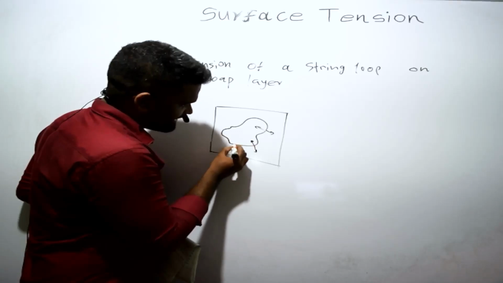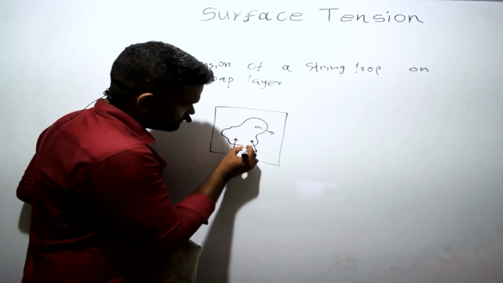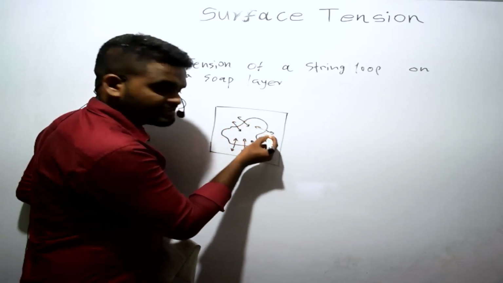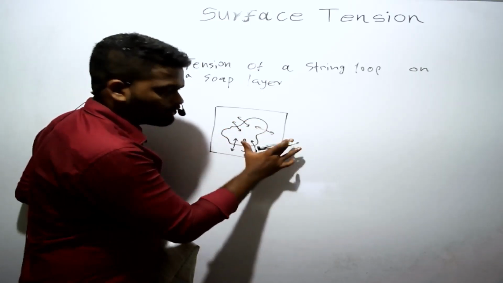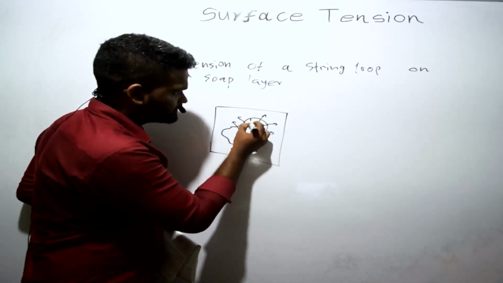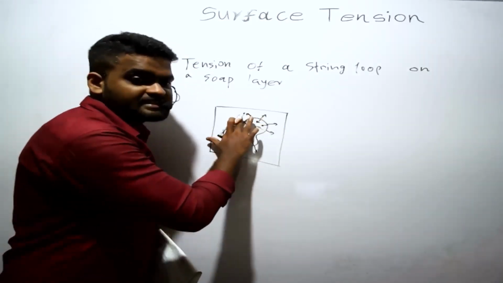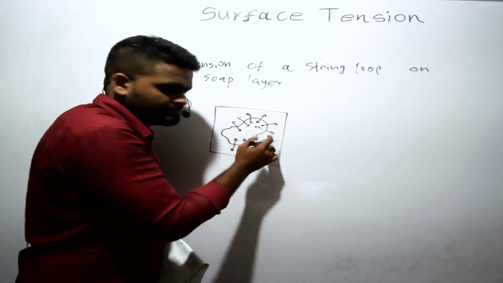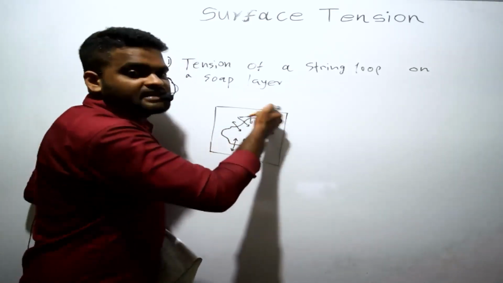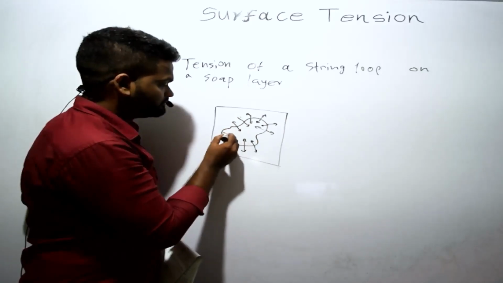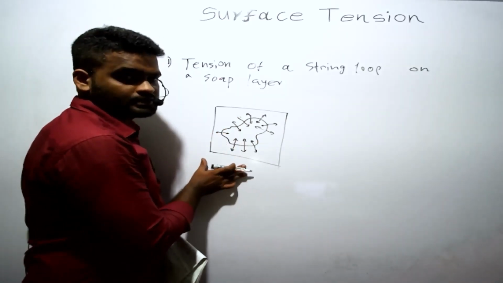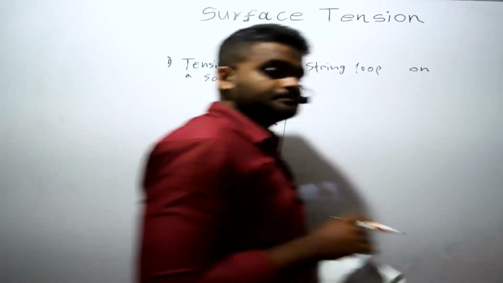They are acting everywhere on the string, perpendicular to the string, both inwards and outwards. And you can see those forces are balanced. This is balanced by this. So the loop remains like this. Quickly draw this one. Thumbs up once you're done.